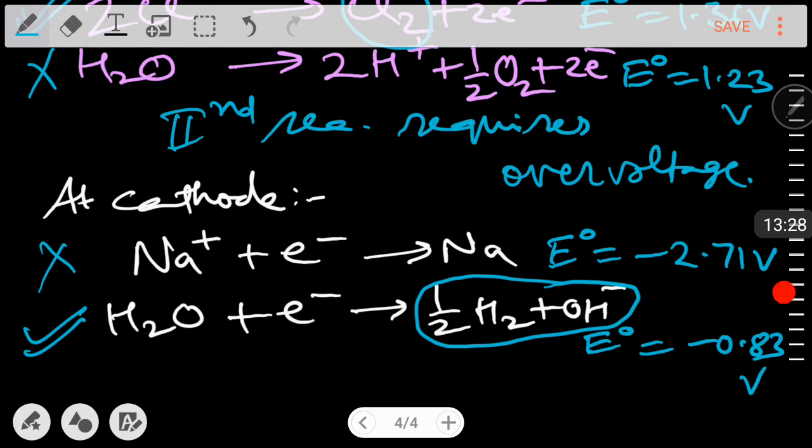So if you conclude here, at the anode we get chlorine as the product, and that is not due to its lower E naught value, but due to the overvoltage requirement for the reaction that should take place with the first preference. And at the cathode we get hydrogen and OH minus ion as the product because of the higher E naught value as compared to the reduction of Na plus ion.